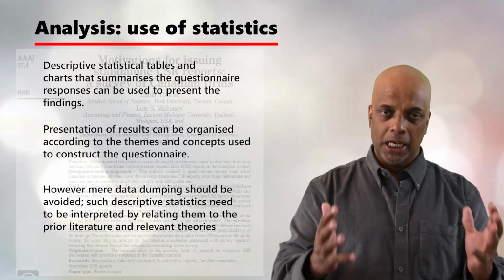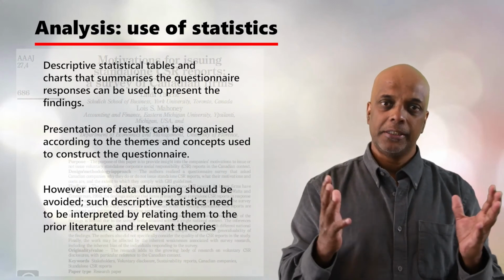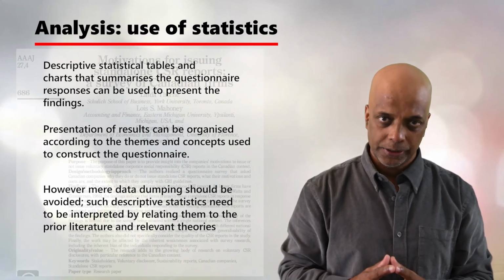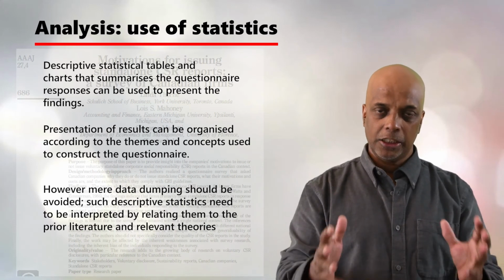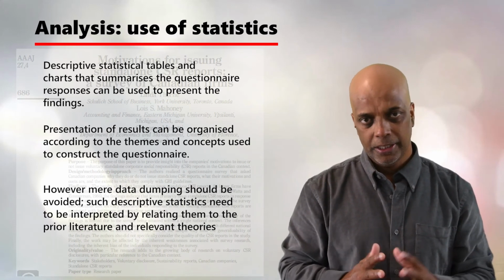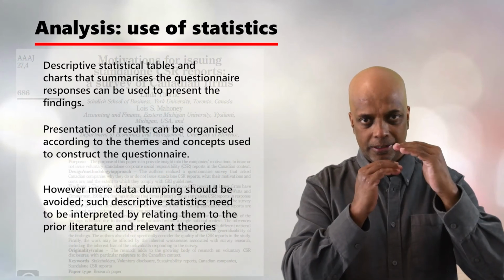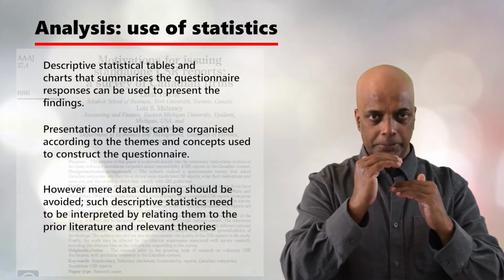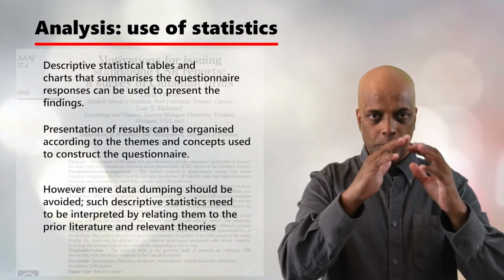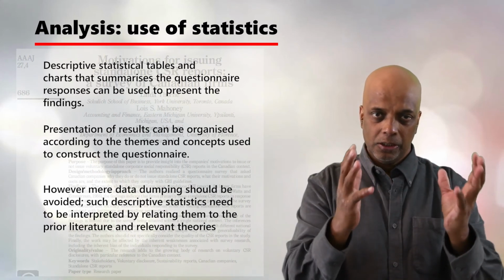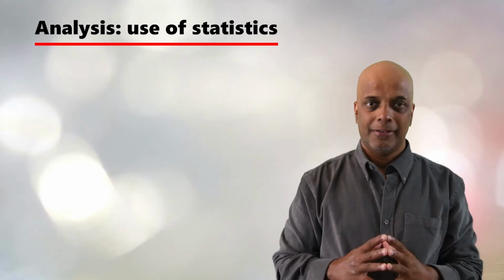That is what a good data analysis would constitute. And in the case of a descriptive survey, you would use descriptive statistics and a set of concepts and themes to provide that interpretation or analysis.